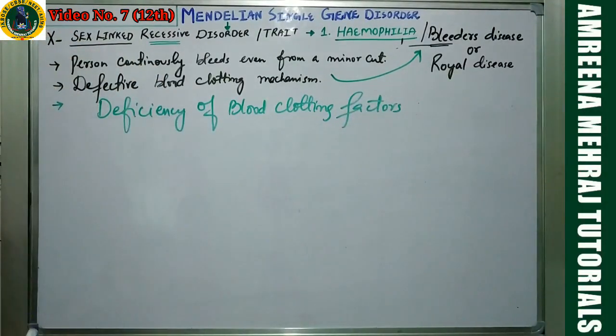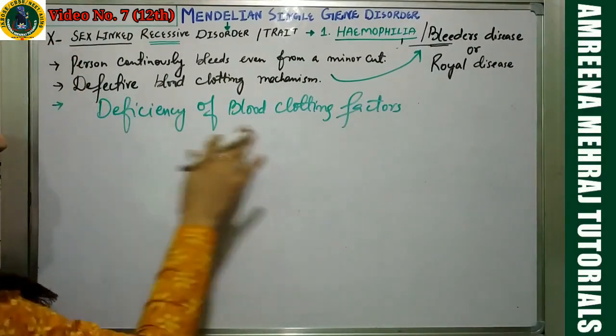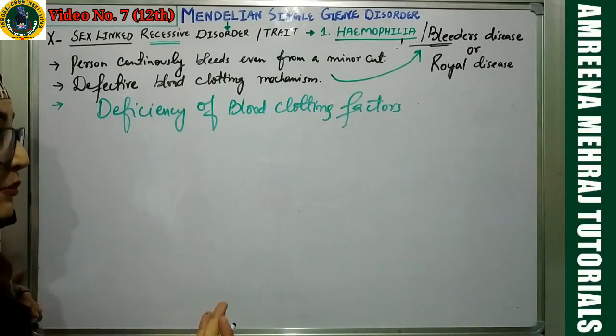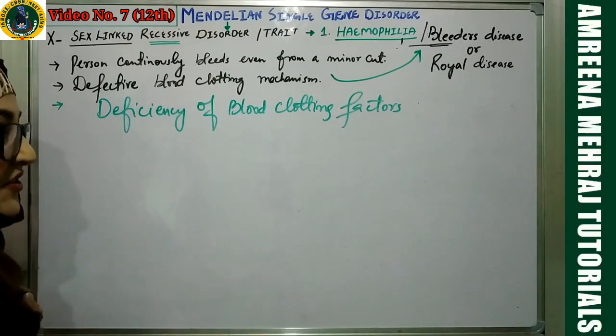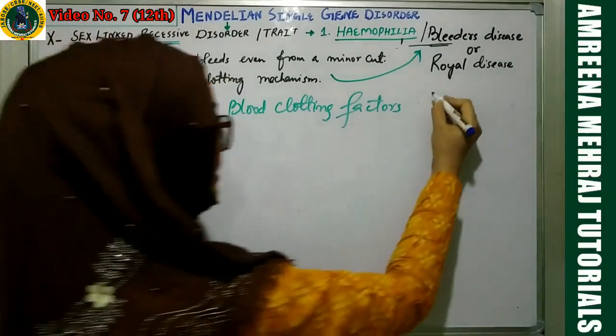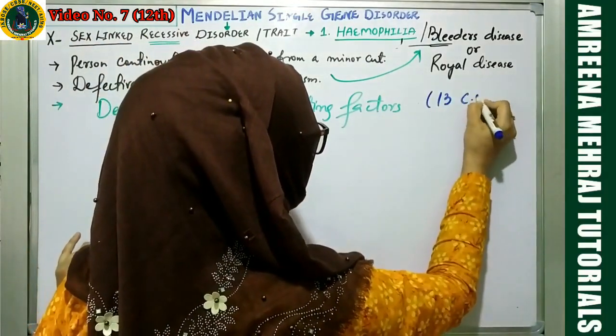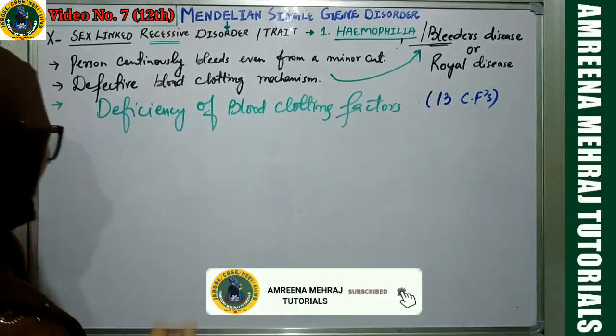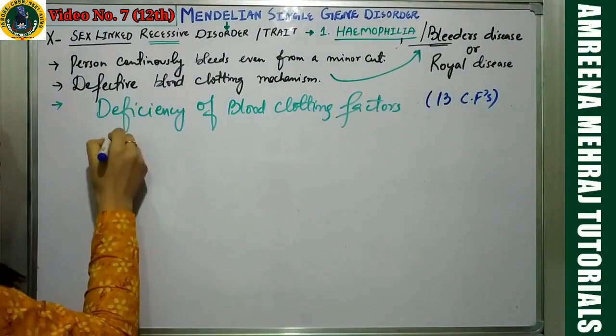I'm sorry my handwriting is very weak, but still I'm speaking and that will help you. So there's a deficiency of blood clotting factors. Now, according to which blood clotting factor is deficient, we have the types. So you have to remember totally how many clotting factors. I'll use CF apostrophe for clotting factors. We have 13.